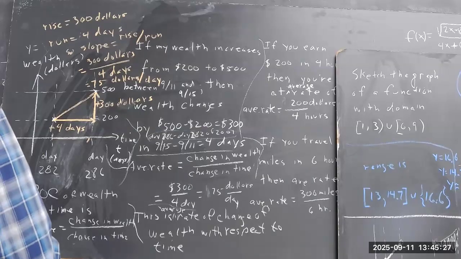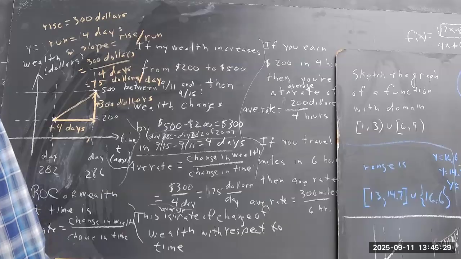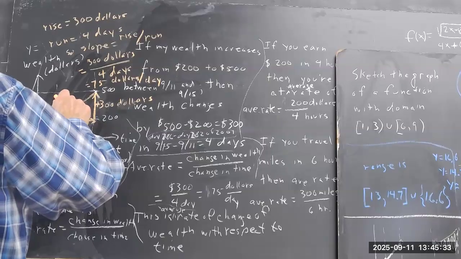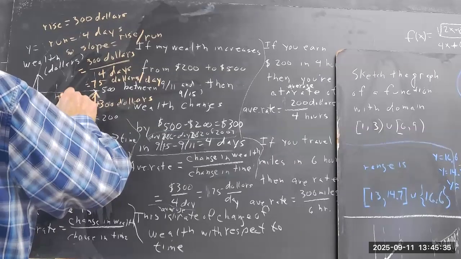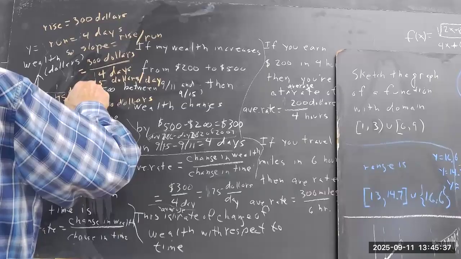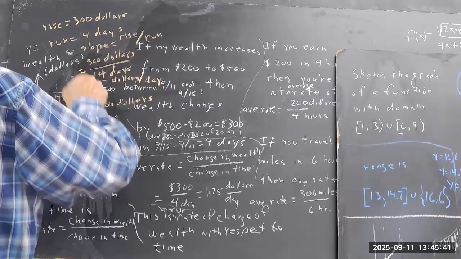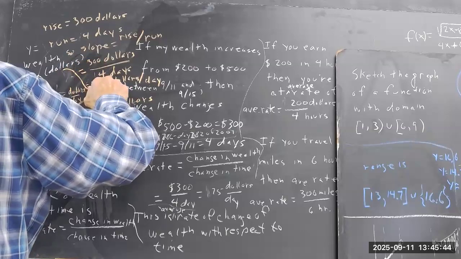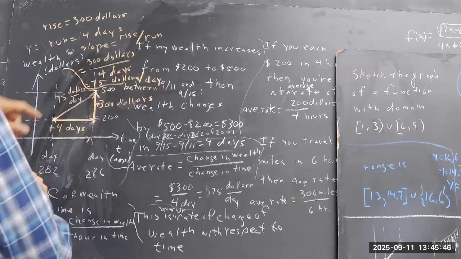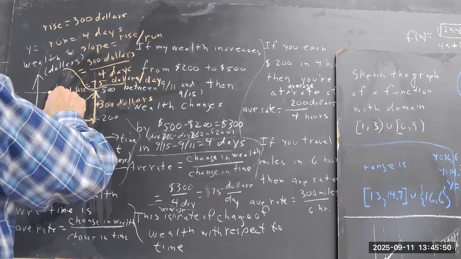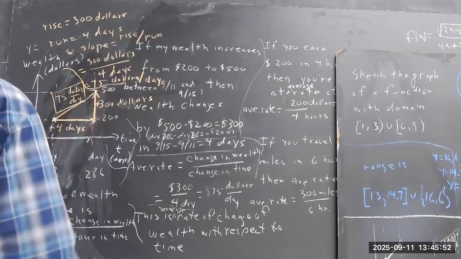So what do we do with that? Hope we got enough chalk there. Okay, I've written $75 per day here. And I've put a box around it.